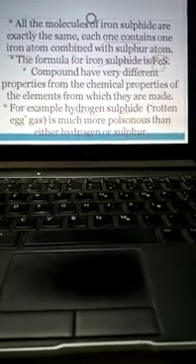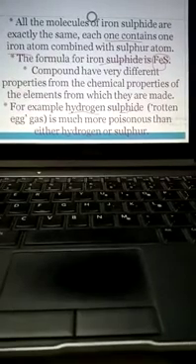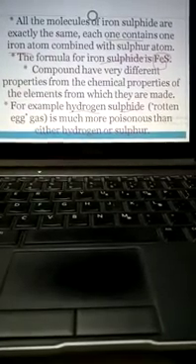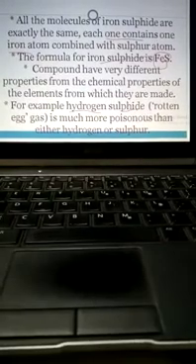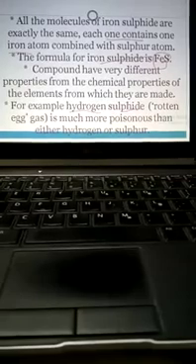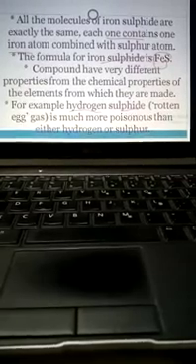FeS. Compounds have very different properties from the chemical properties of the elements from which they are made. For example, hydrogen sulfide, rotten egg gas, is much more poisonous than either hydrogen or sulfur.